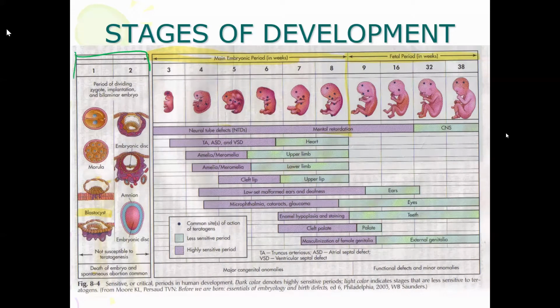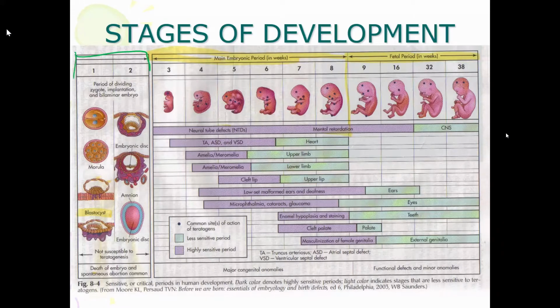From there the cells move, and the process is called gastrulation. All the cells move and ultimately give rise to 3 layers of cells, the trilaminar disc, and it starts week 3.